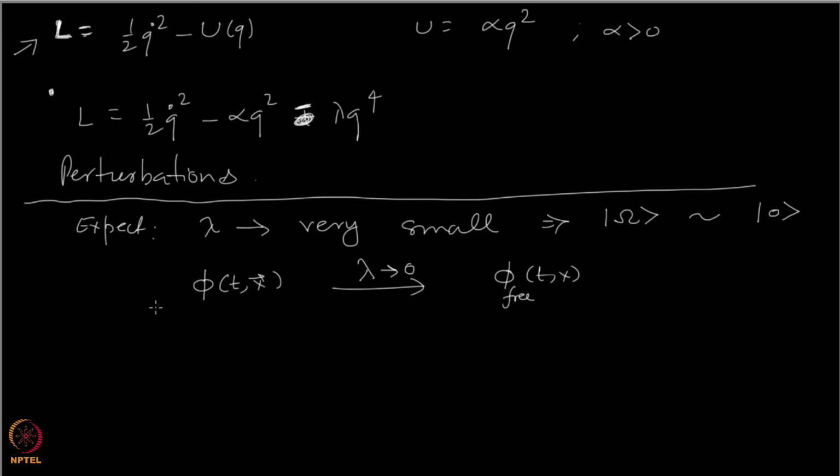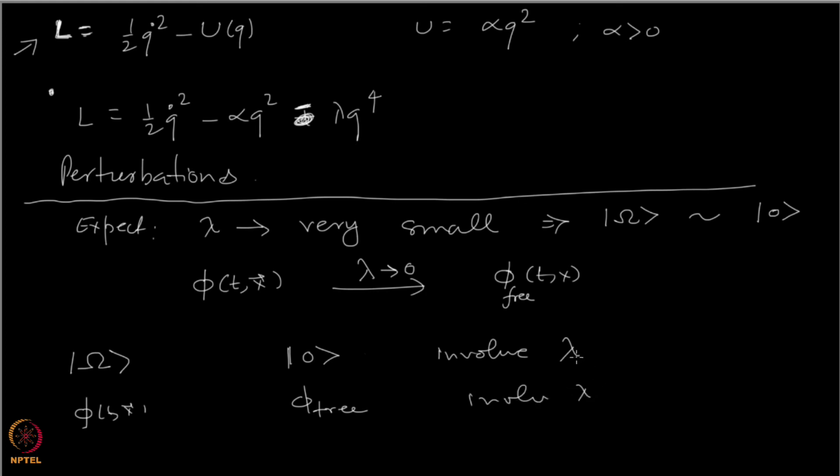So what we want to do is figure out how omega and the ket 0, the free vacuum, are related, and of course this relation will involve the small parameter lambda. Similarly for these operators, this will also involve the parameter lambda, and depending on how accurate a description you want, you could go to different orders in lambda.